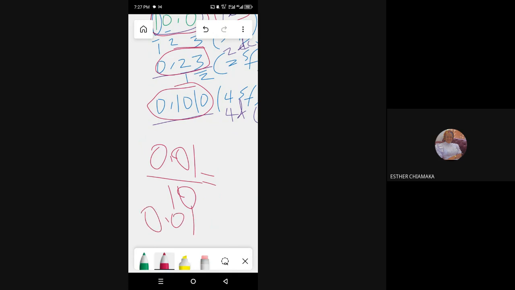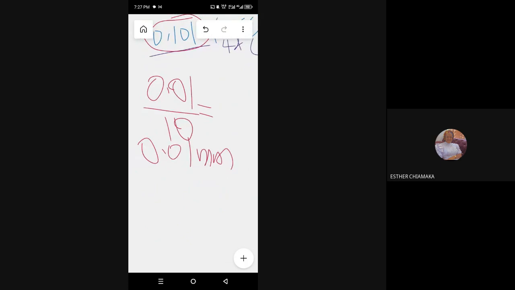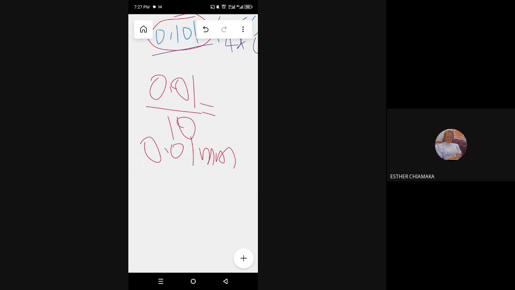So 0.01 mm, if you convert that to cm, what do we have? 0.001. Very good.